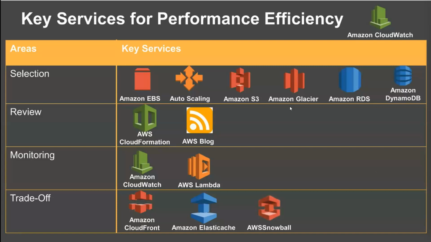So you use the right S3 class, for instance, Amazon Glacier, to do that. Then I mentioned the native AWS services such as RDS instead of maybe having your database on an EC2 instance. Then the likes of Amazon DynamoDB, that's also a native AWS service, which is fully managed by AWS. So this is on selection.